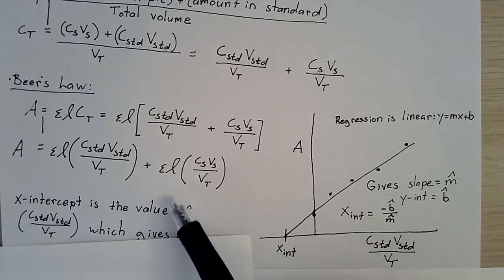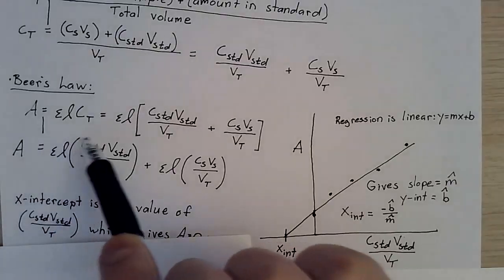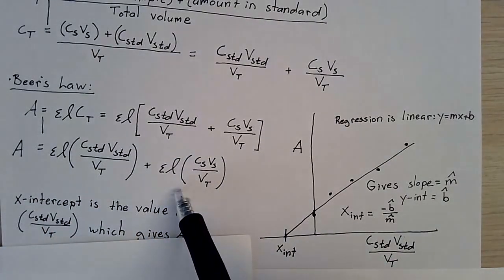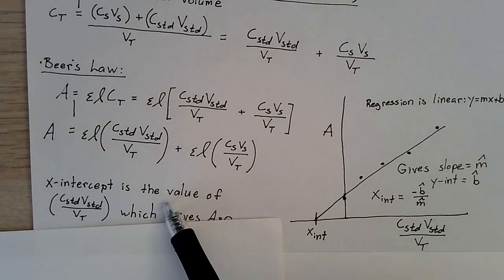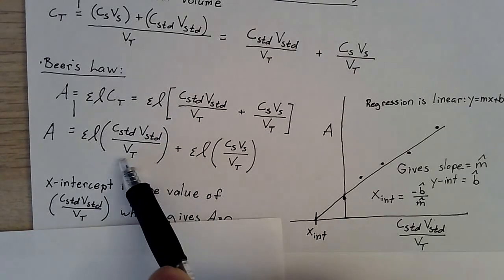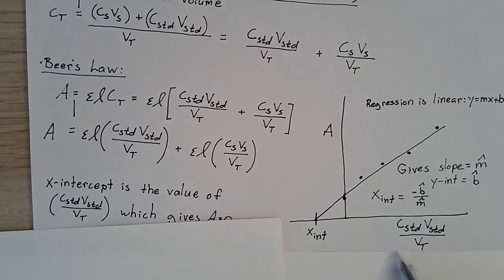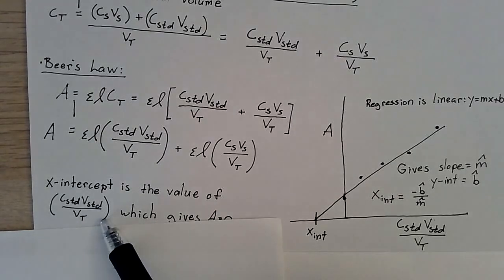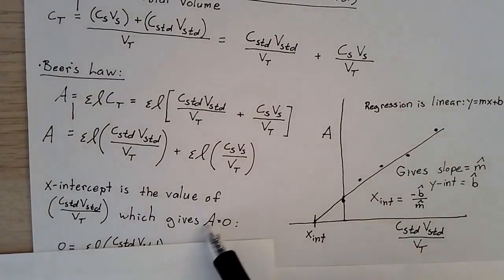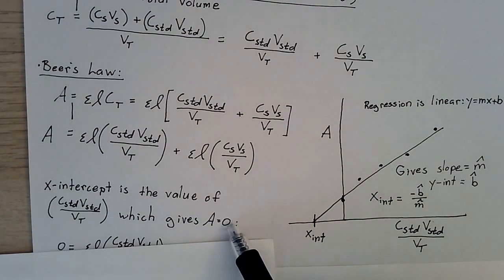So now we return to our expression of Beer's law, where we have that the x-intercept is the value of this quantity. And how do we know it's this quantity? Well, because that's what we plotted over here. It has to be the same quantity that you plotted in your figure. The x-intercept is the value of that, which gives a 0 absorbance, so A equals 0. So we want to find out, what is that?